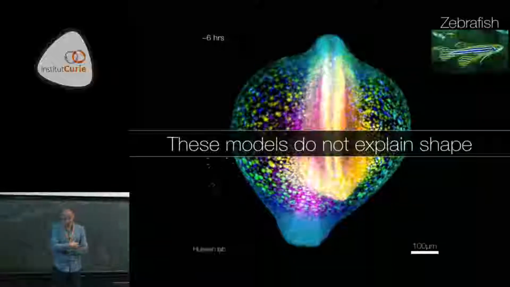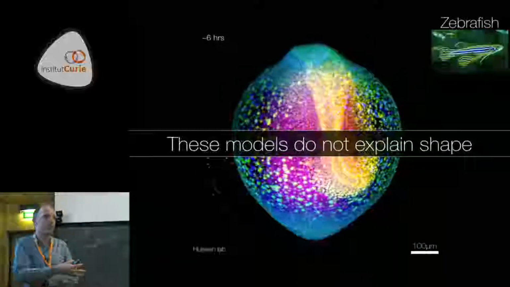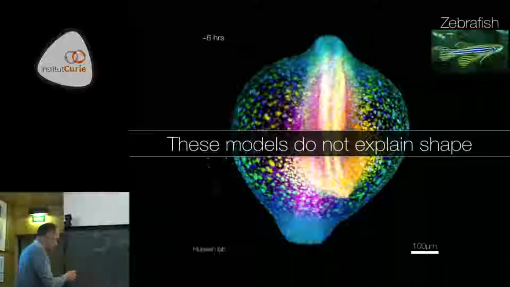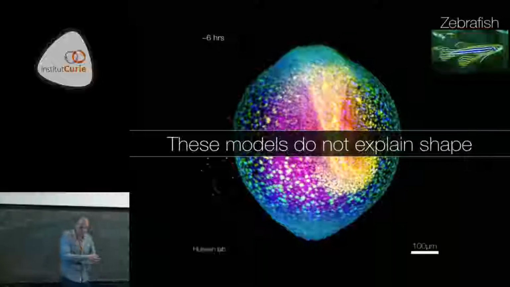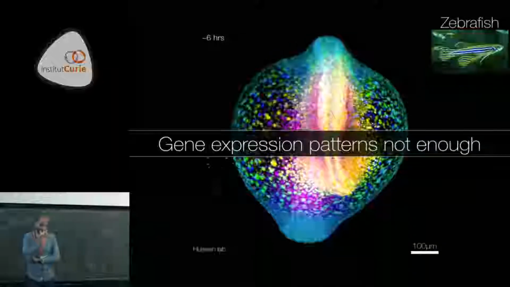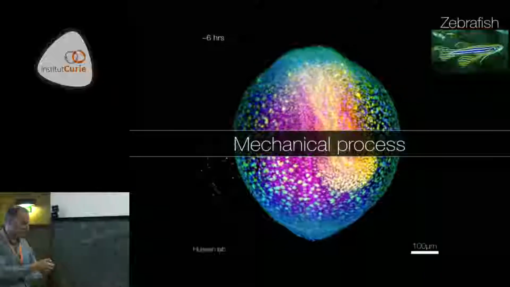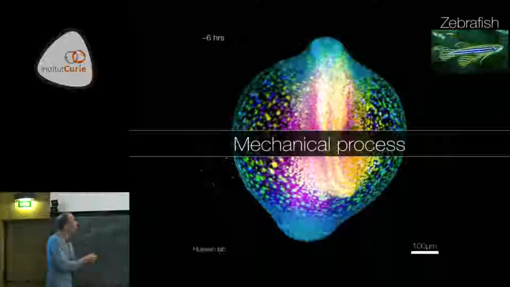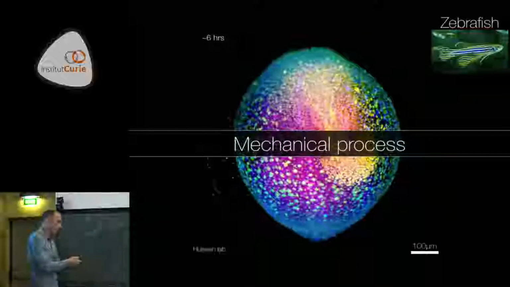So these types of descriptions, chemical species just talking to each other, giving rise to patterns, guiding cell fate decisions, that's all not sufficient to really explain how shapes arise in development. So gene expression patterns are not enough. This is also a mechanical process. Okay? And you can see that, of course, by the fact that there's cells moving, there's whole tissues flowing, and so forth.